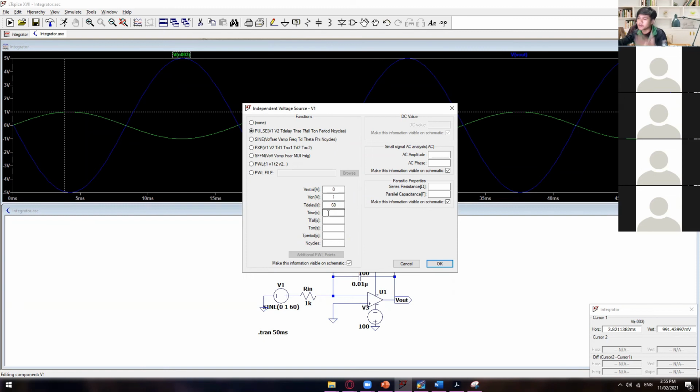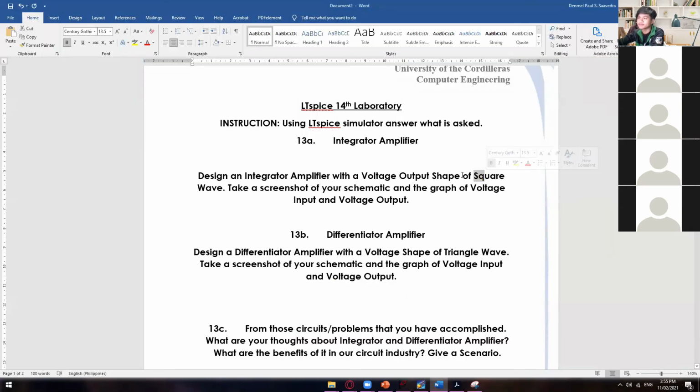So put here, let's say 100, 200, 0, 0, and then let's say 10. It's your experiment, okay? I would like you guys to find a value for the pulse and then come up with a result of square wave, just like what I'm asking for your integrator amplifier.